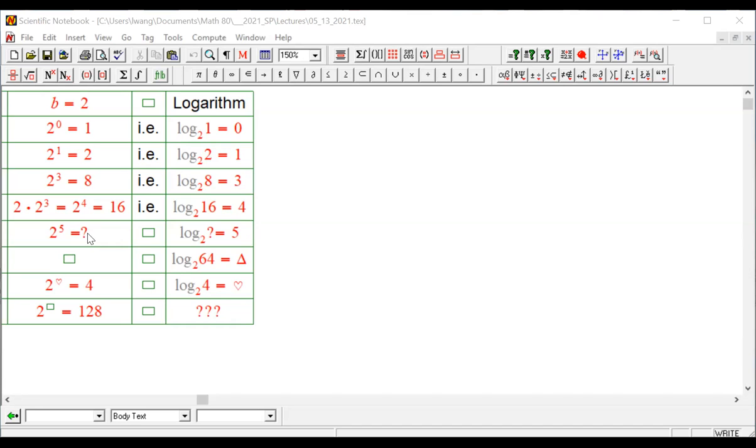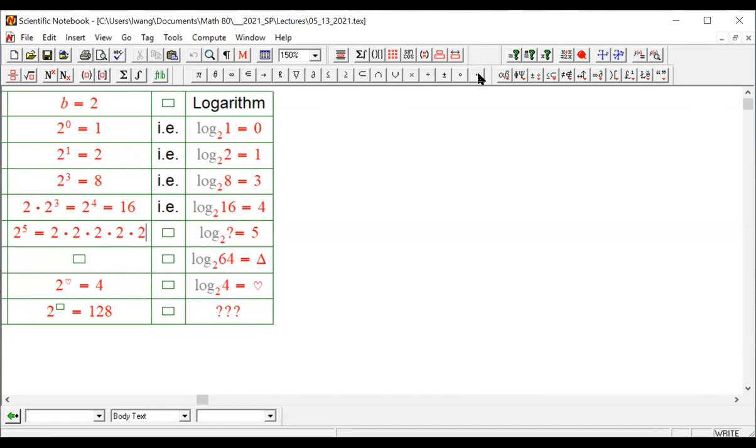So what number should be here? So 2 to the power of 5 is what? 2 times 2 times 2 times 2 times 2, 5 times, right?